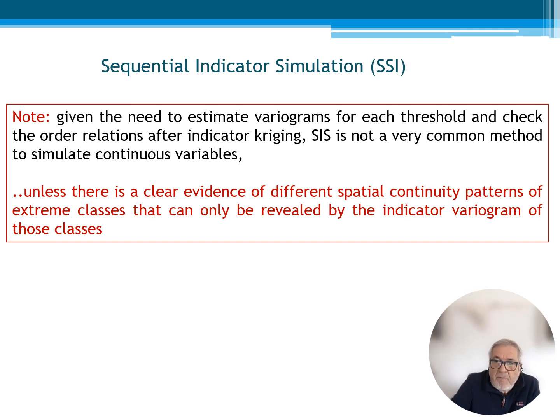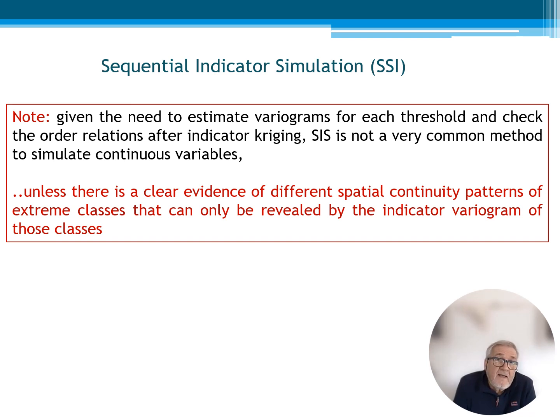Just one important note. Given the need to estimate and model the variograms for each class, and check the order relation violations after kriging, this sequential indicator simulation is not a very common method to simulate continuous variables because it's a cumbersome method, in fact.